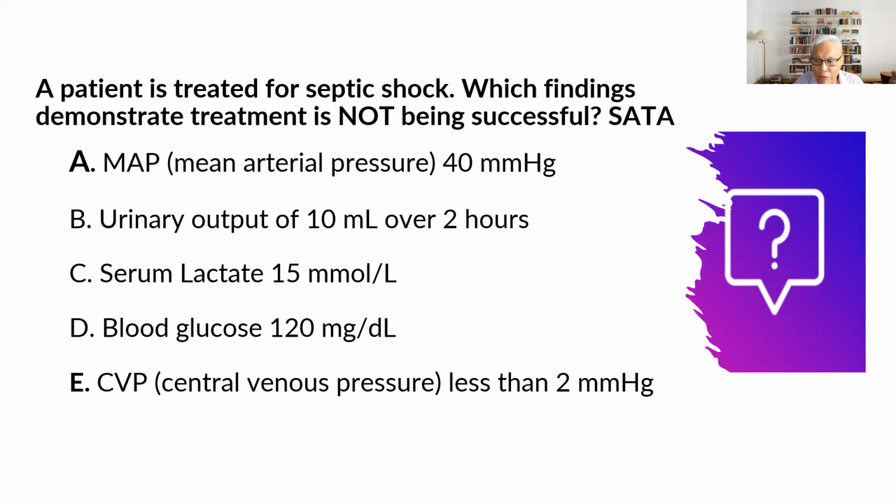You have hypervolemia. All right. So a central venous pressure should be greater than 2 millimeters of mercury, but not more than 8. So therefore, this particular finding is also going to be an abnormal one. So let me just write that down because I want you to remember.